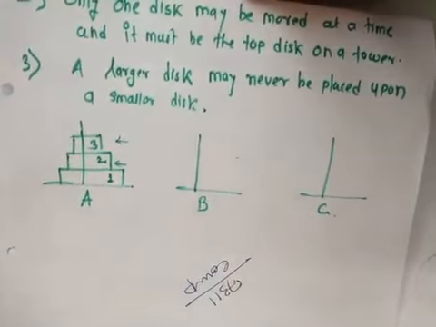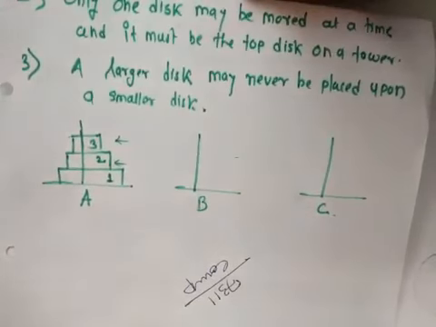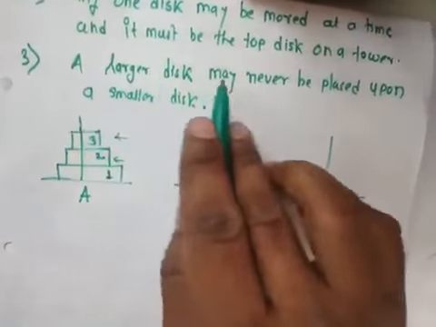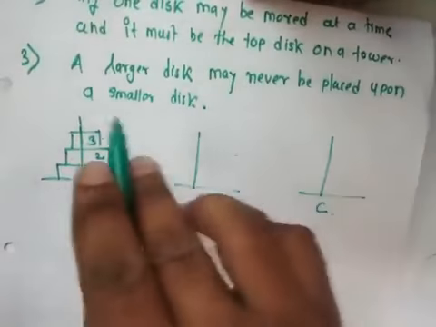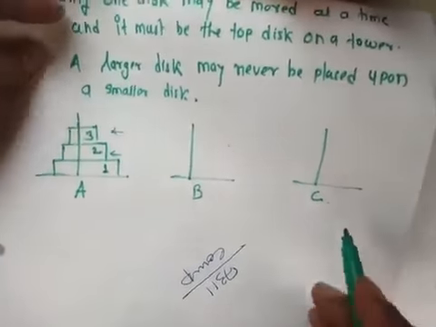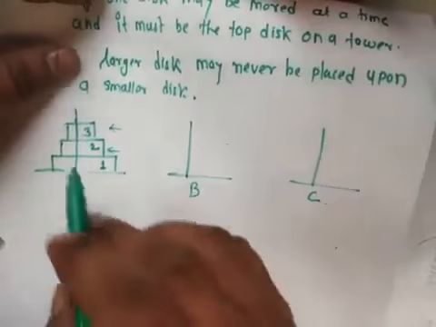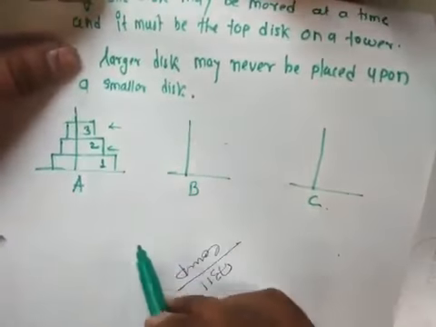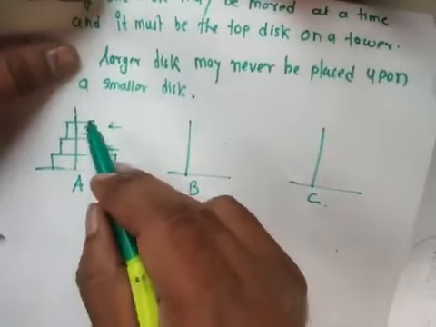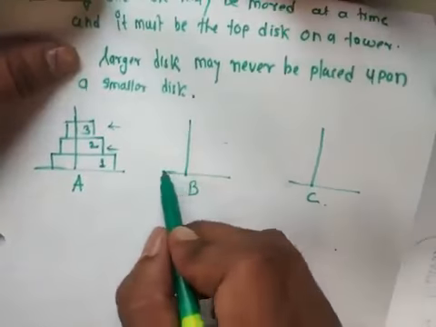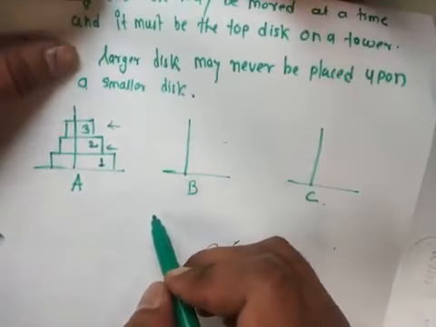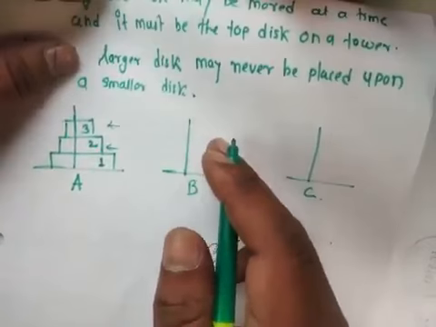And the second most important rule is what? The larger disk may never be placed upon the smaller disk. You cannot place, suppose, 2 on the top of 3, or 1 on the top of 2 and 3. You can only place the smaller disk on the top of the larger disk.